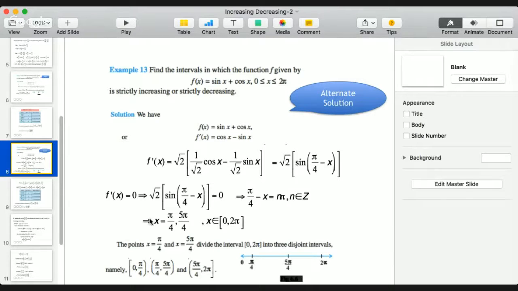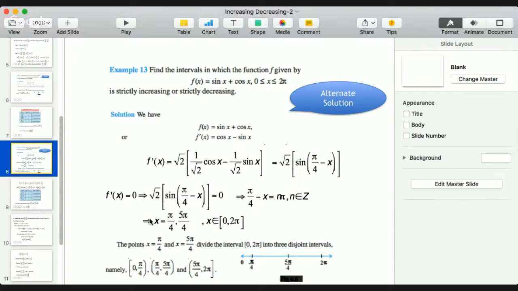We can write 1 by root 2 as sin pi by 4 and cos pi by 4, then use the sin a minus b formula and condense it to root 2 sin(pi by 4 minus x). We could also write it as sin(x minus pi by 4), taking the negative sign out. That's not necessary, but we could do that.